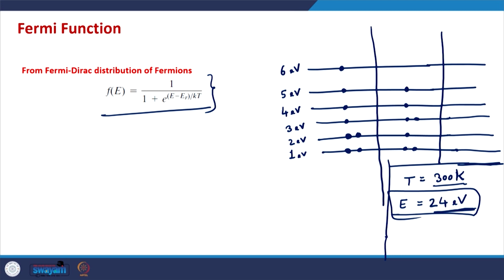So, that will make it 2 plus 2, 4, plus 6, 10, plus 4, 14, plus 5, 19, and so 2 electrons here. So, this configuration will also have 24 eV energy. This is a 24 eV configuration of electrons, this is also a 24 eV configuration of electrons. Similarly, what could be the third possible configuration?